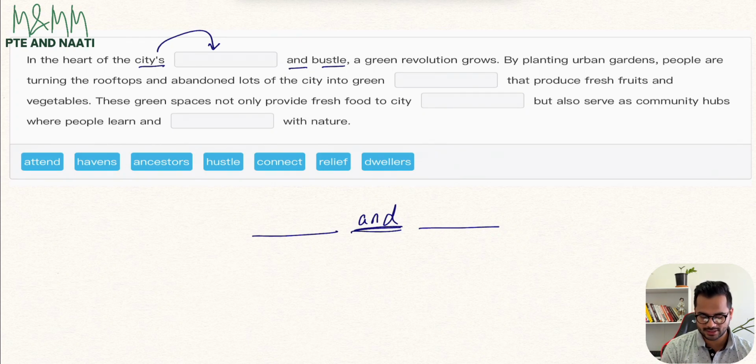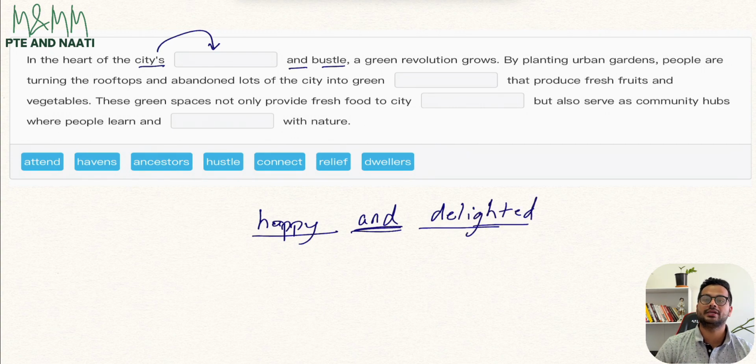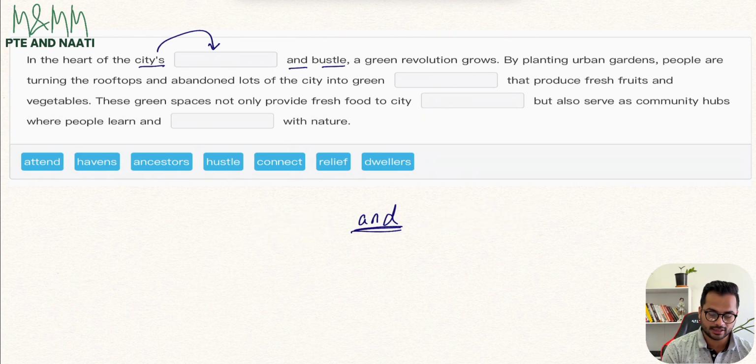Whatever, if they say happy over here, then the word next to and is also going to be something similar to happy, which could be excited or delighted or something like that. Now what it says over here is and then they have given us the word bustle.